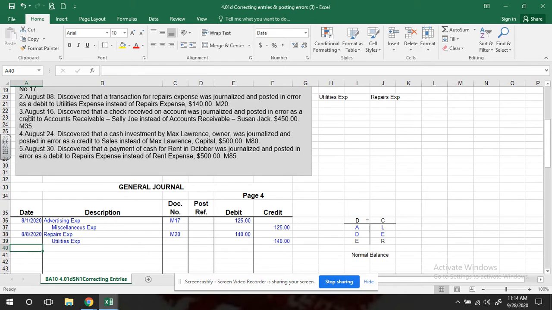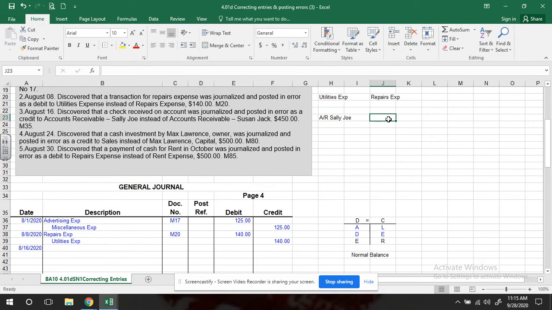Okay, the next date here is August 16. And it tells me that a check received on an account was journalized and posted in error as a credit to accounts receivable Sally Joe.